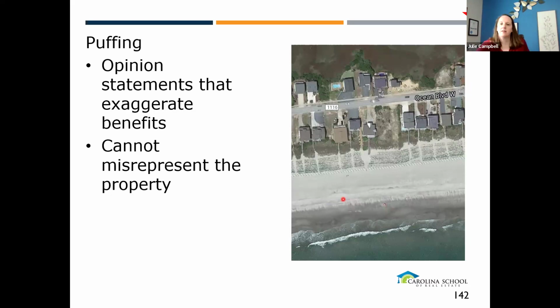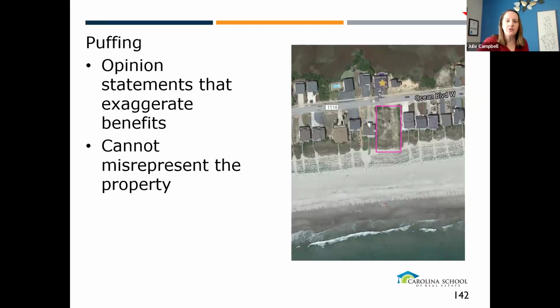If you were selling or listing, we're down at the coast here in this picture. So let's say you're getting ready to list this property. And right across from this property is a vacant piece of land that faces the ocean. The difference in this advertising, I would not advertise this as ocean view.